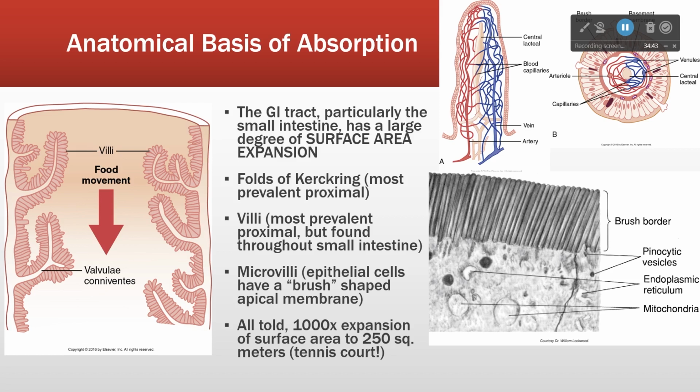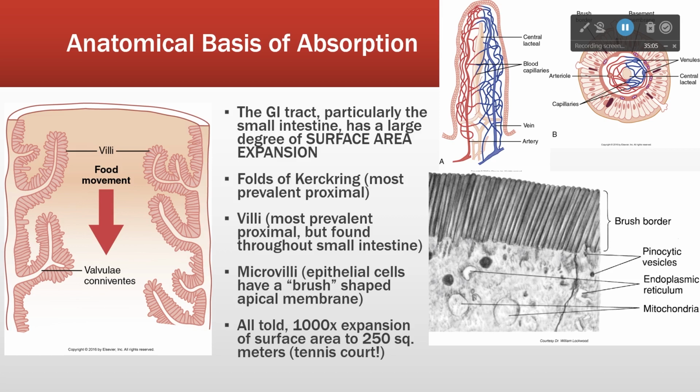The first layer are the folds of Kerckring, right? When you look macroscopically at the small intestine, it literally has folds you can see, right? It's like a wrinkled sheet. Now, if you zoom in and look at an individual fold, the individual fold has a hill, right?